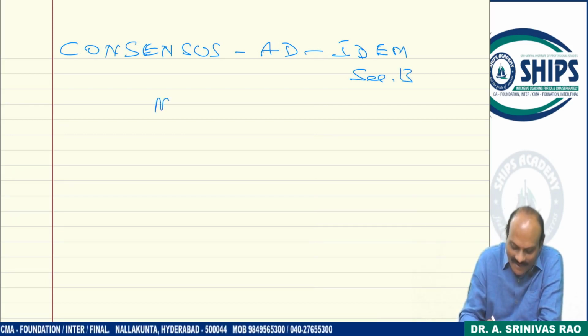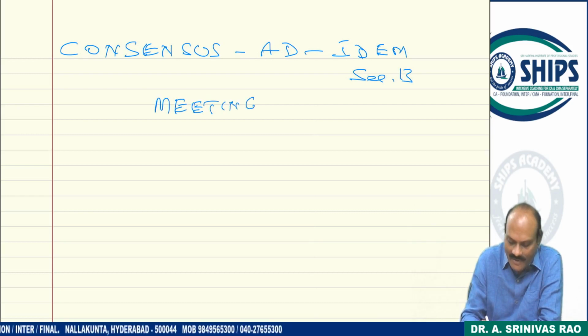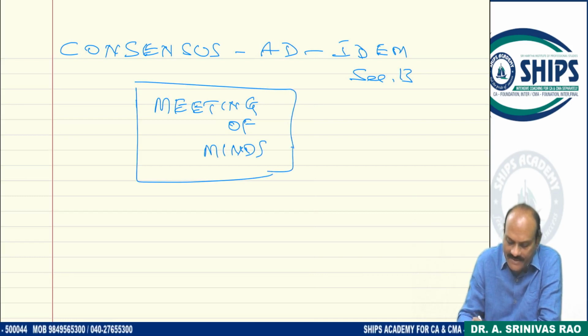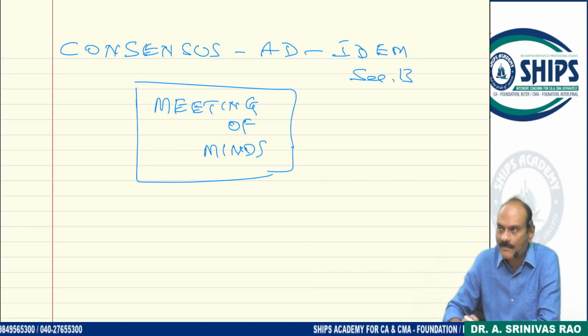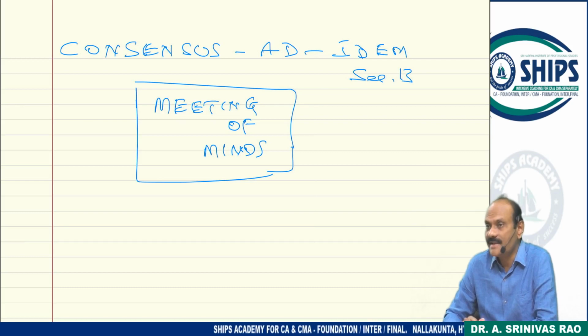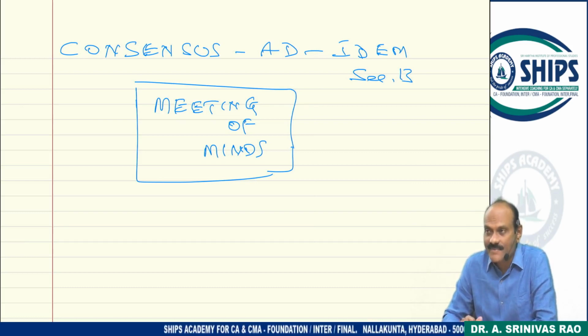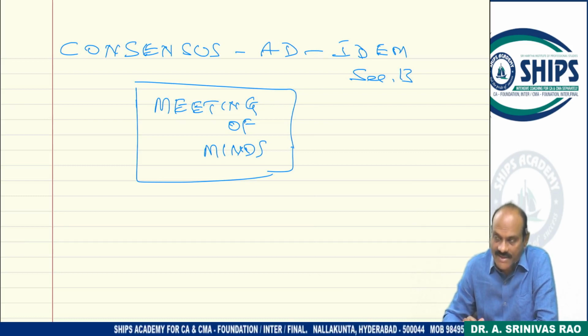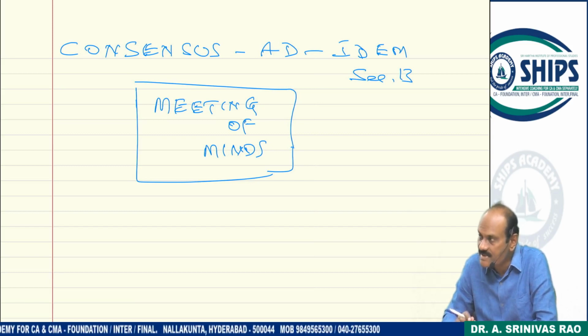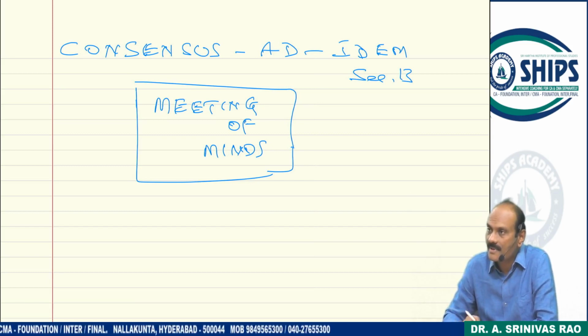Consensus ad idem means meeting of minds, or identity of minds, or receiving the same thing in the same sense at the same time. Keep writing.